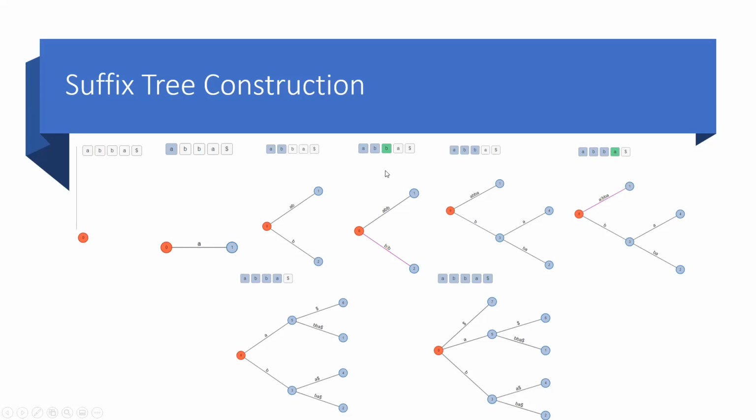So then next we have ABB. So for this edge up here, we could just extend it to be ABB. And then for this edge down here, we can also extend it to be BB.